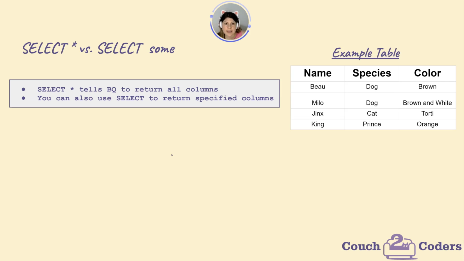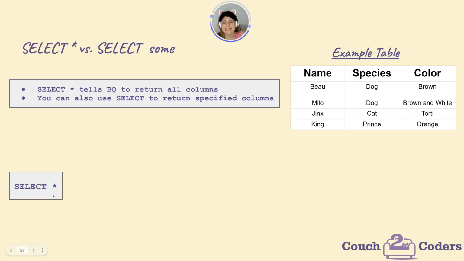Let's use a little example table. Suppose this is my data, and I have 3 columns. I have name, species, and color. And if I look down the name, I have Bo, Milo, Jinx, King. I have the species, dogs, cats, one little prince for my little baby, and we have different colors.